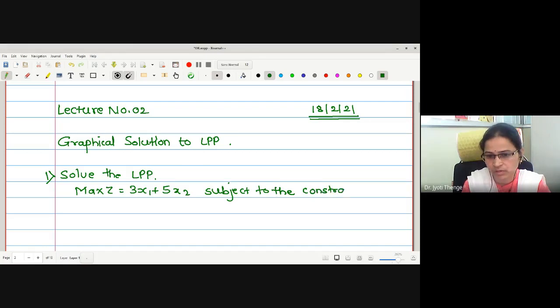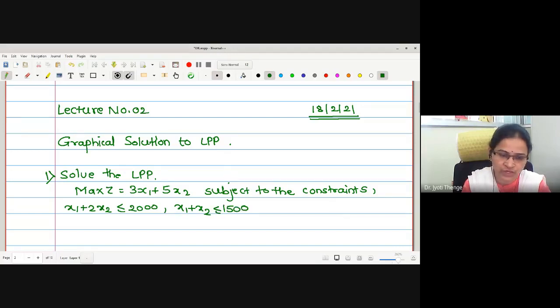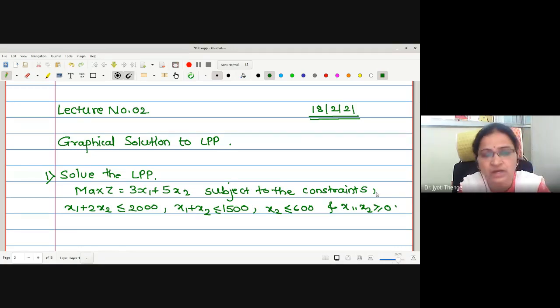The constraints imposed on this problem are x1 plus 2x2 less than or equal to 2000, x1 plus x2 less than or equal to 1500, and x2 less than or equal to 600, and x1, x2 greater than or equal to 0. This is the given linear programming problem.